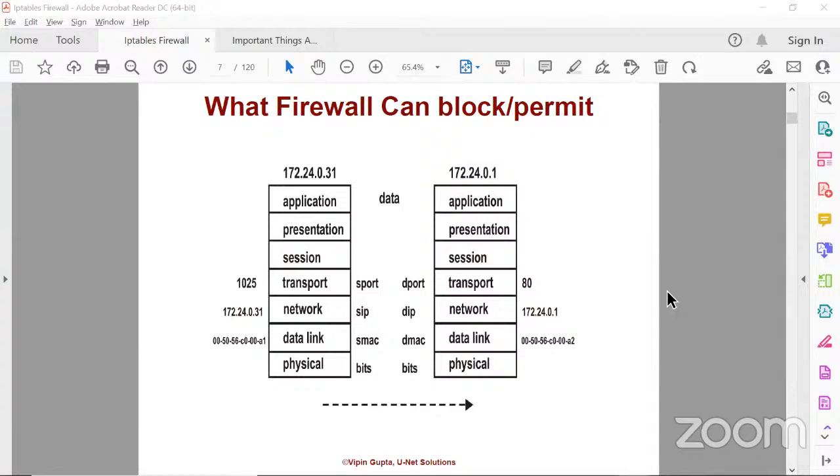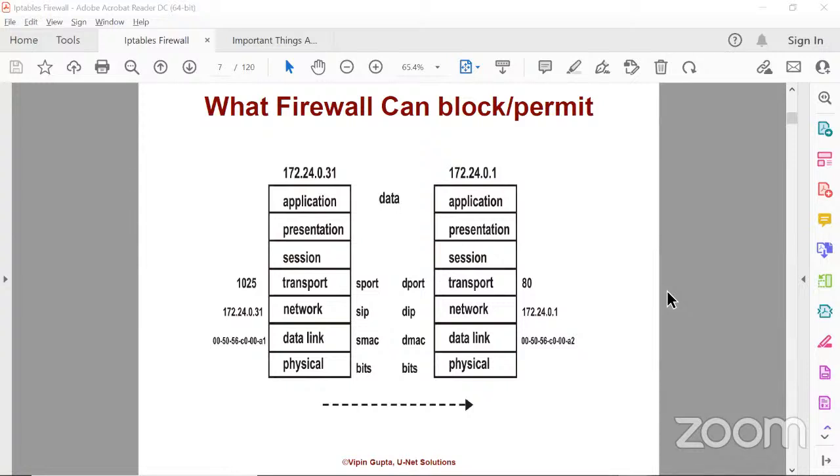That means what the firewall can block or permit. Like, I was just visiting the site of NIT Hamirpur. There I saw that in 2017, they put out one tender for purchasing a firewall and UTM device.